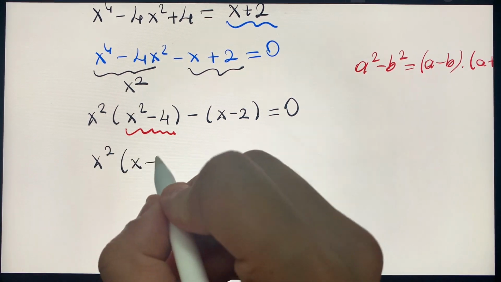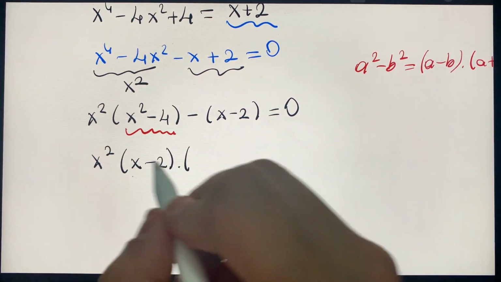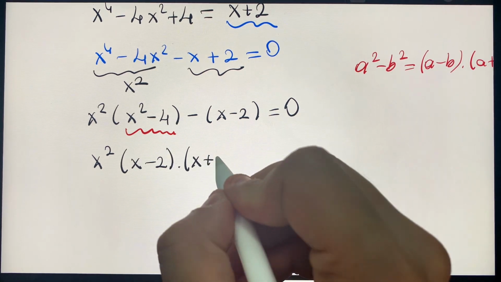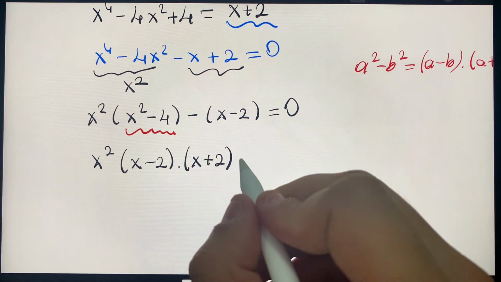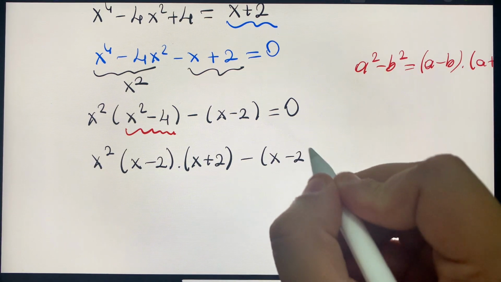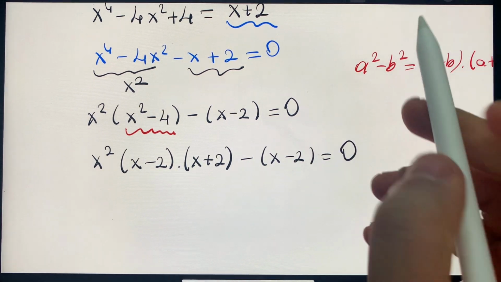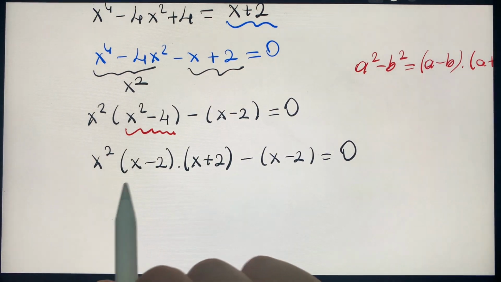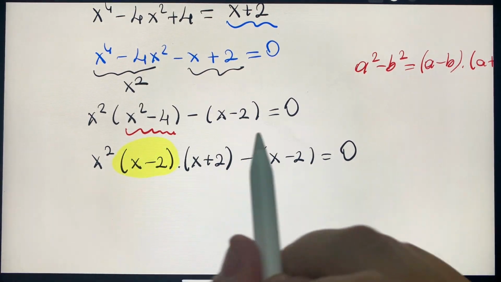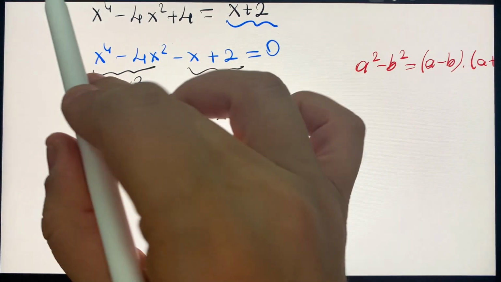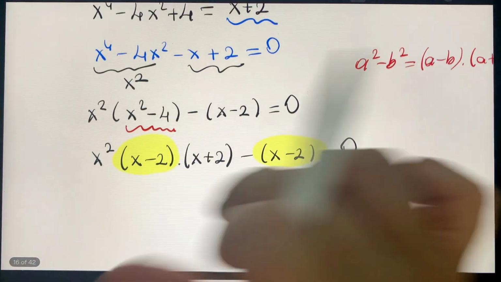X minus 2 times, open bracket, x plus 2, minus x minus 2 is equal to, what can I say? I say 0. What can I do later? If you pay attention, what do they all have in common? I have x minus 2. Then I take the whole thing into an x minus 2 bracket.